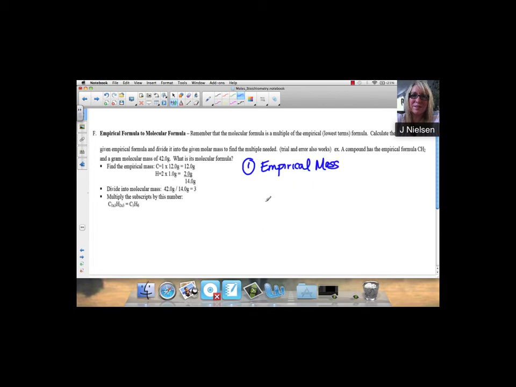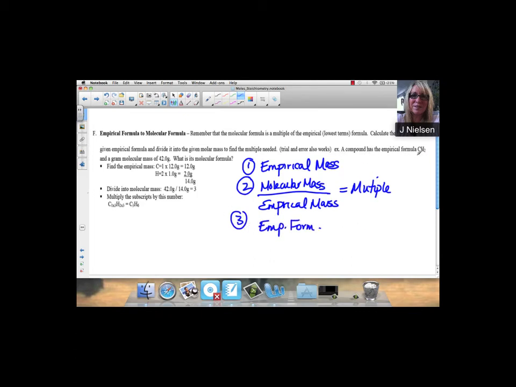The second thing you need to do is divide the molecular mass by the empirical mass, which will give you a multiple. You're going to round that multiple to a whole number. The third thing you're going to do is take the empirical formula and multiply it by the multiple to get your answer.